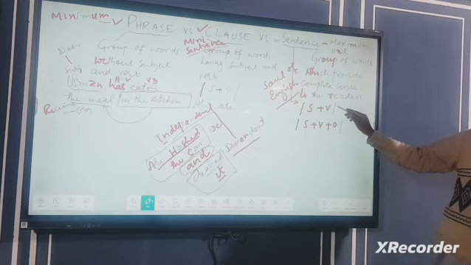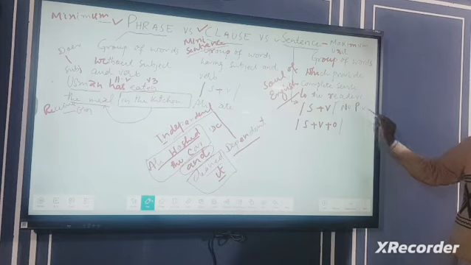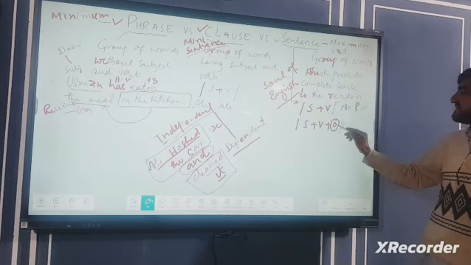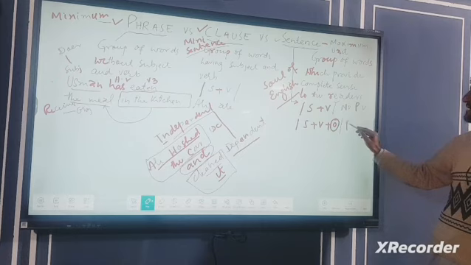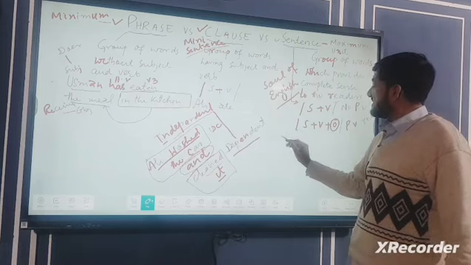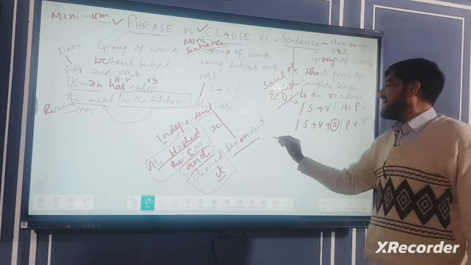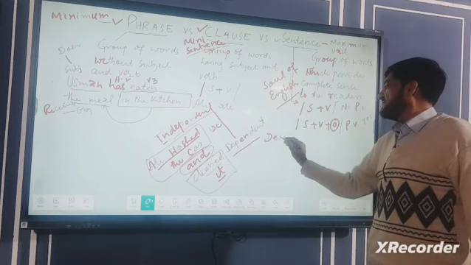Remember, if there is only verb, then this sentence will not change into passive voice. But if there is object, there will be passive voice. The sentence which gives a statement is called declarative.